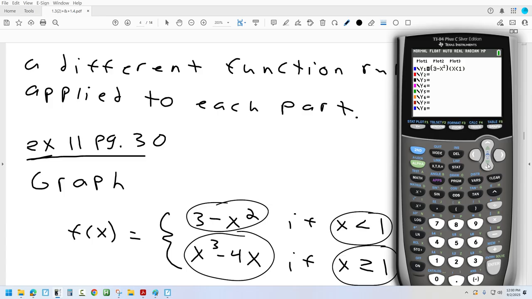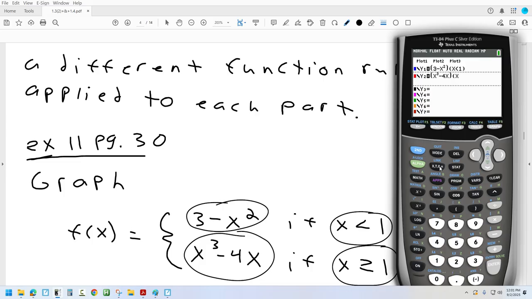Now type in the second one. Put a parenthesis. X cubed. Make sure you hit the right arrow after you do that exponent, so you're not in the exponent for the minus 4x. And then we're going to graph that when x is greater than or equal to 1.